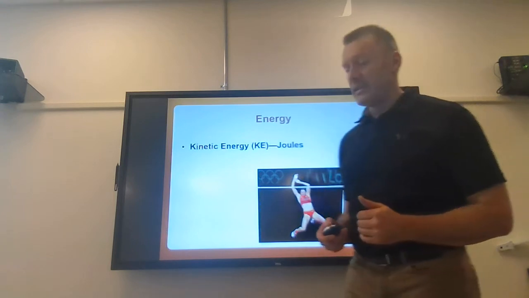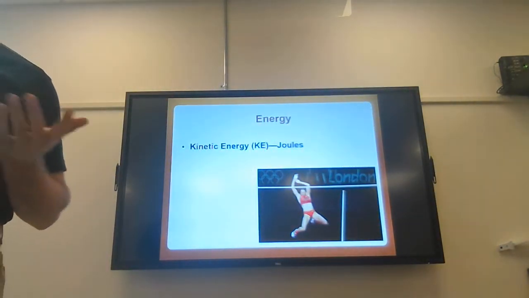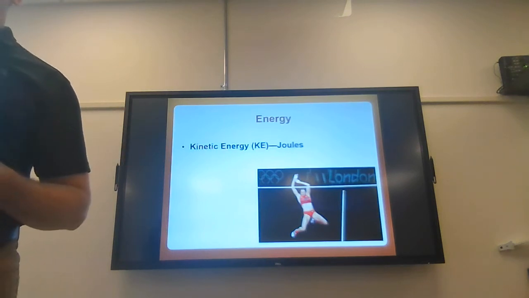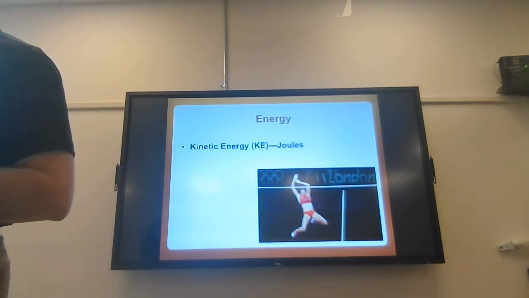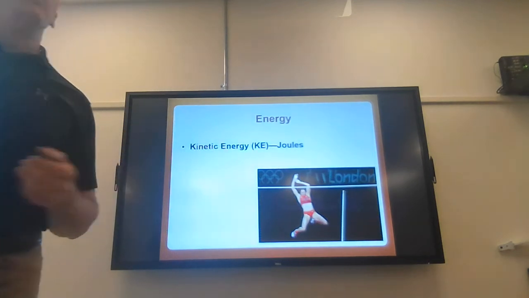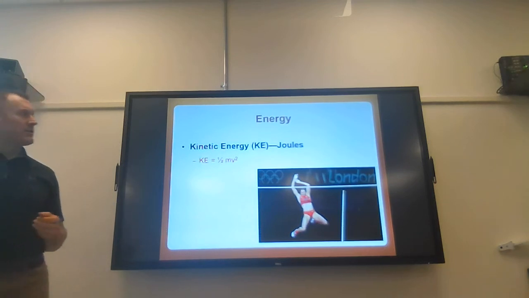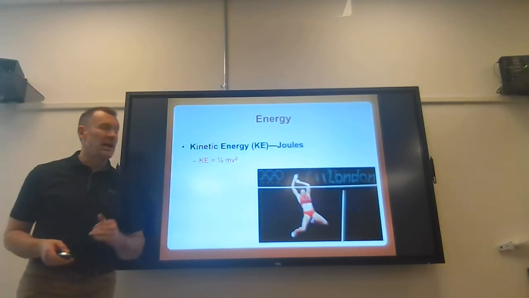Okay, so now we get to kinetic energy. So two types of potential energy, strain and gravitational, and then kinetic energy. Kinetic energy is energy due to movement. The formula is 1/2 mass times velocity squared.